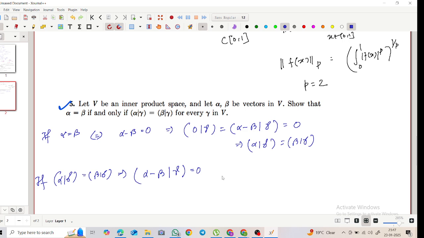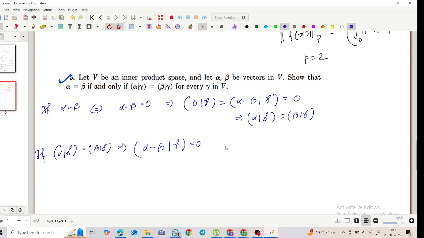But can you conclude this for every vector gamma belonging to V? So can you conclude that alpha minus beta is 0? If the inner product of V with gamma is 0 for all gamma belonging to V, can we say V is 0? The answer is yes.